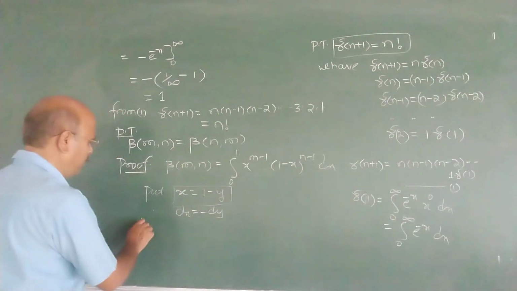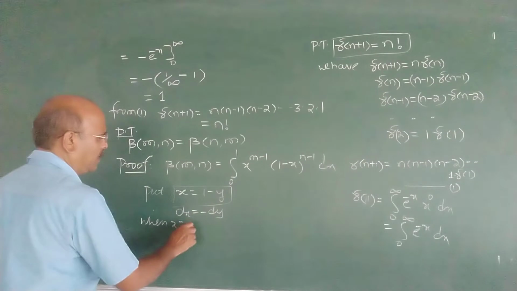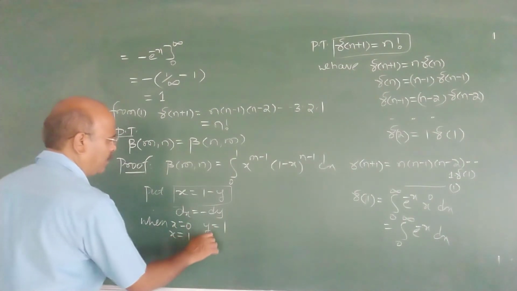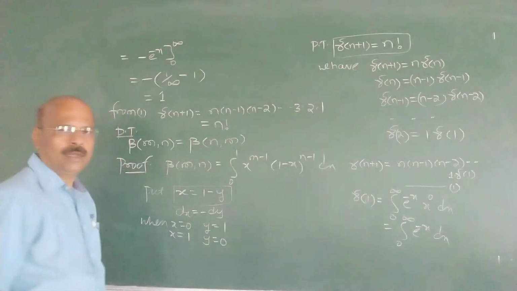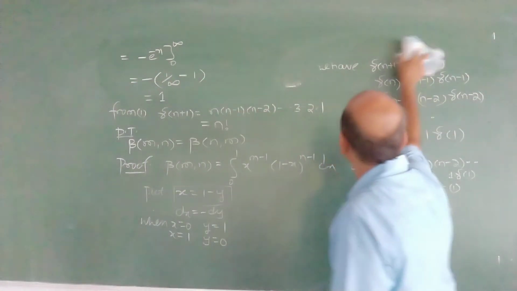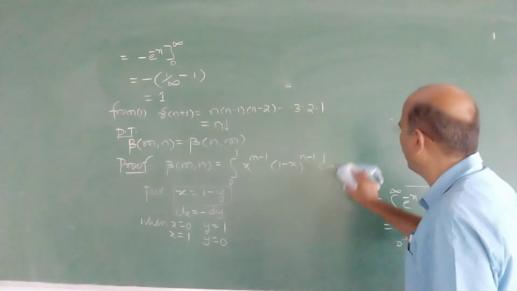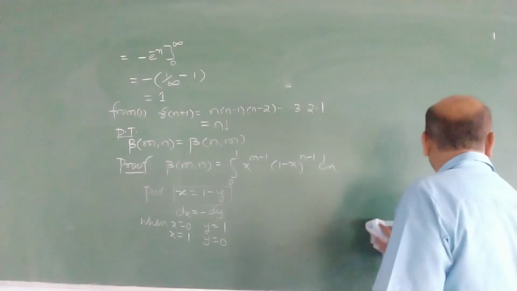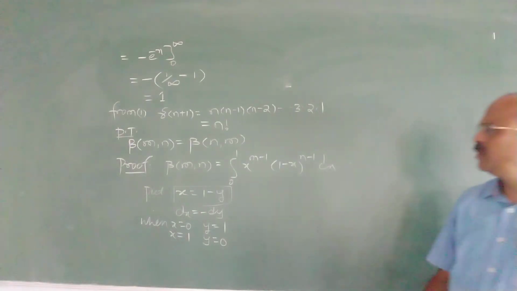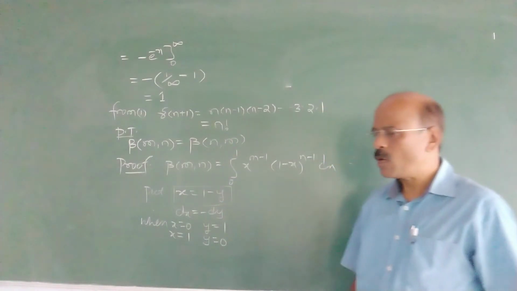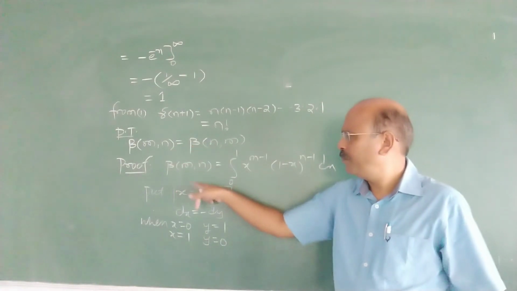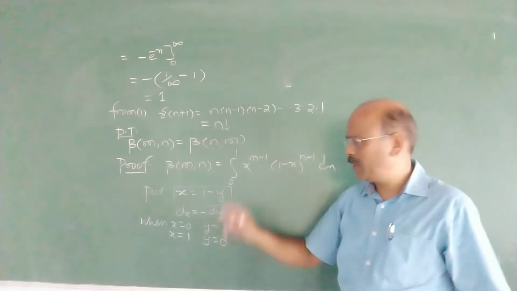And the limits change: when x is 0, y is 1; when x is 1, y is 0. Substitution means change of variable, and the limits also change. This step is important.